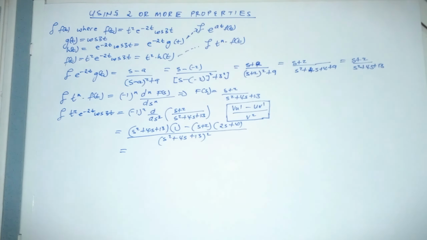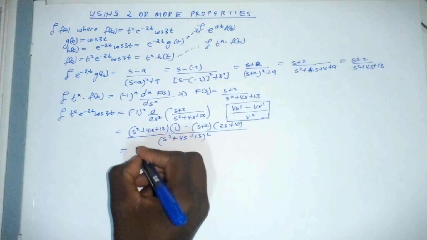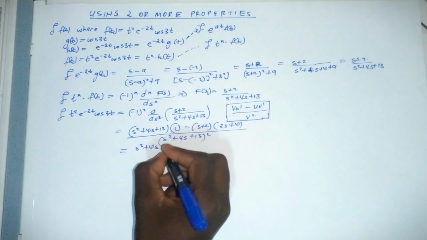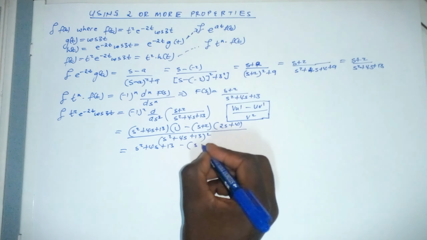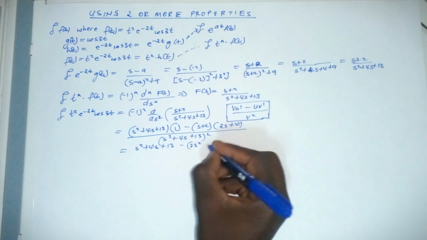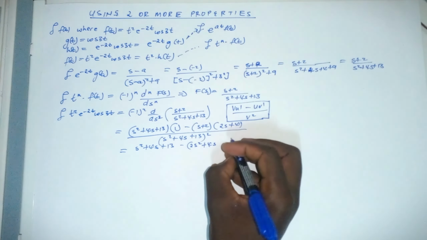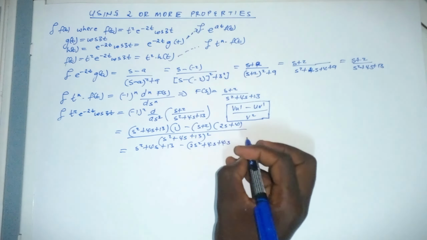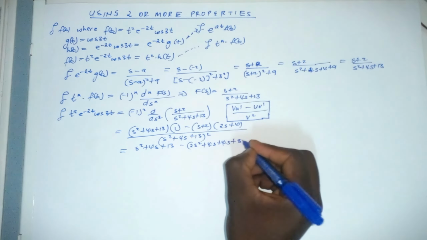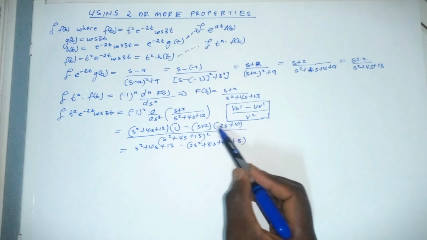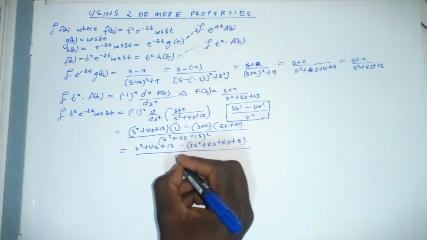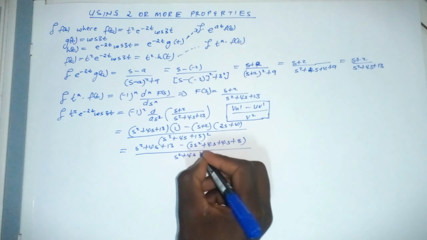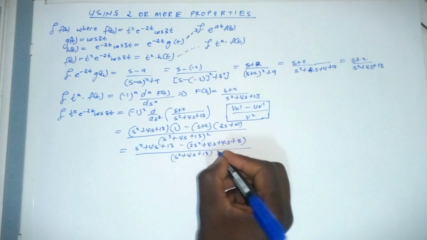Okay, and if we simplify, we're going to get s squared plus 4s plus 13 minus (2s squared plus 4s plus 4s plus 8), all divided by (s squared plus 4s plus 13) squared.